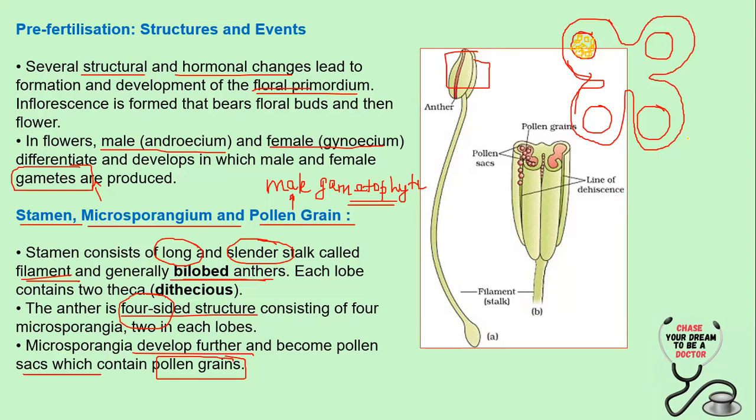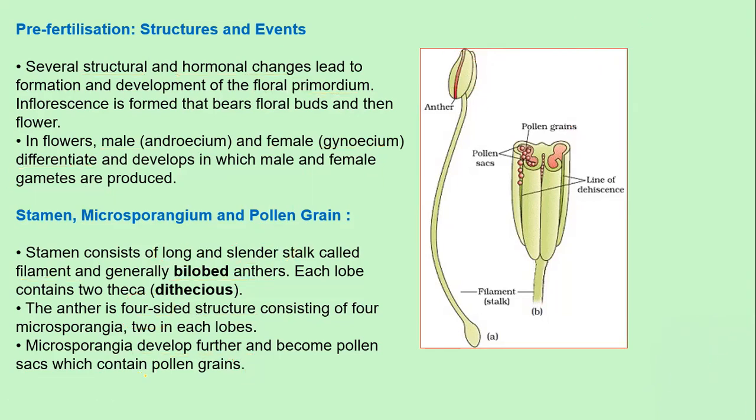So this is a microsporangium. This microsporangium enlarges and matures to form the pollen sac, inside which pollen formation takes place. Clear? So this is the brief idea about the stamen, microsporangium and the pollen grain.